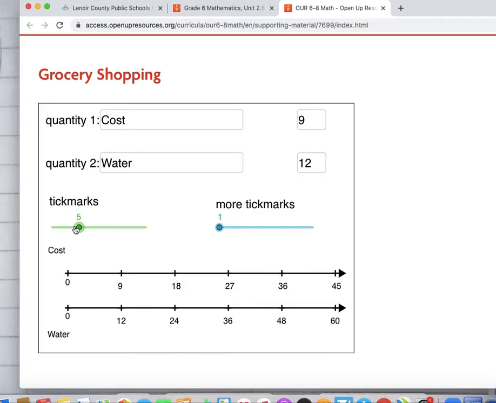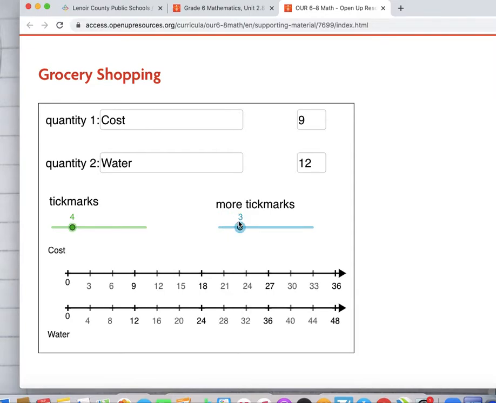Well, let's take it back some. How about if we change this one? Look, how many can we buy for $3? Well, for $3, I can buy 4 water bottles. What is the cost for 1 bottle?